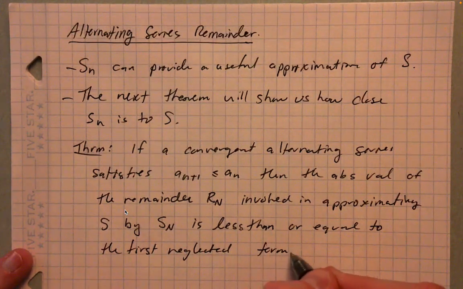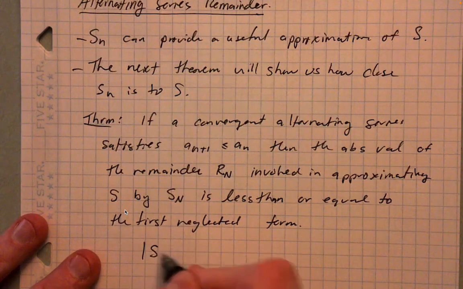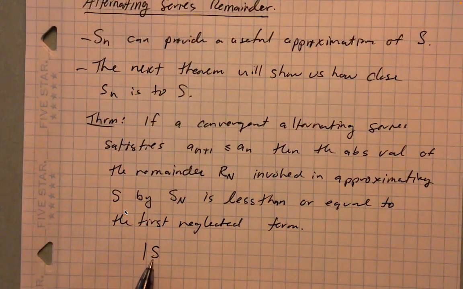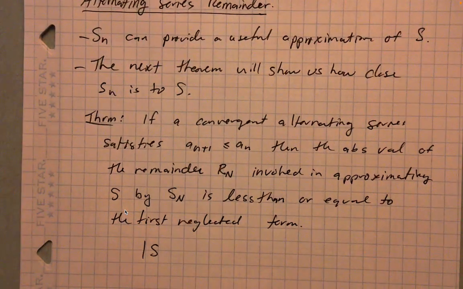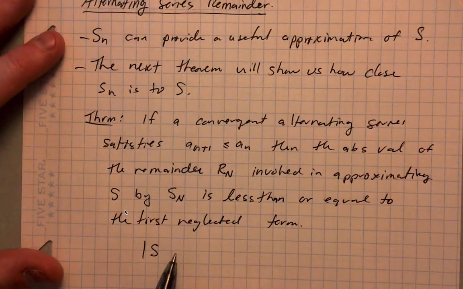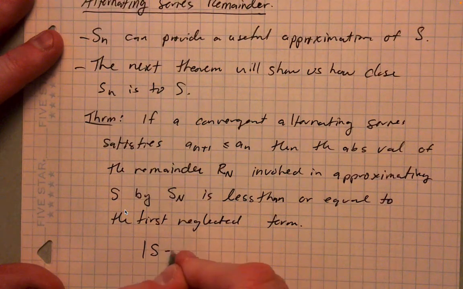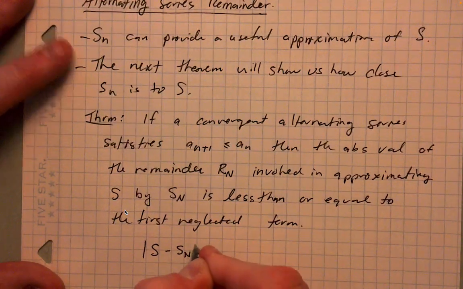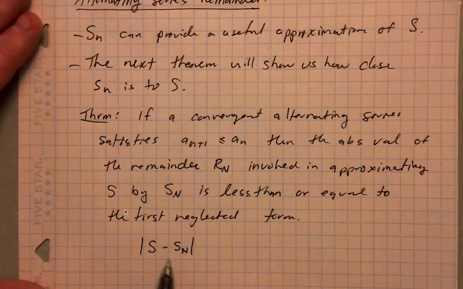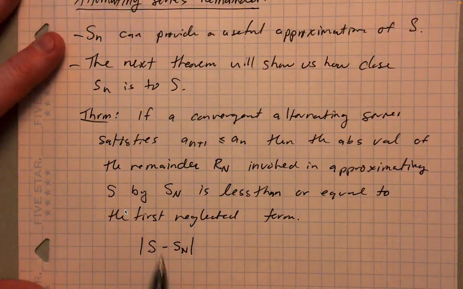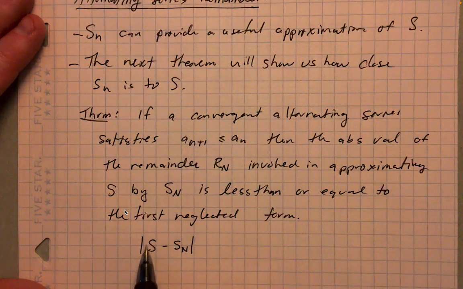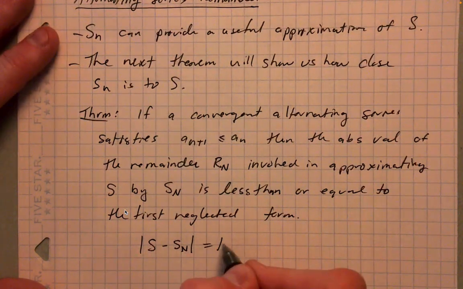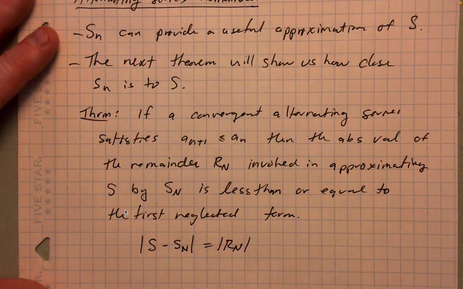Now, what do we mean by that? Well, let's write it out here. S is my true sum, the sum of the entirety of the series. This is a convergent series by assumption. If I want to approximate it using a partial sum, S of big N, then the remainder, which is basically the convergence value minus the sum of the first big N terms, we're going to call that R of n, the remainder.